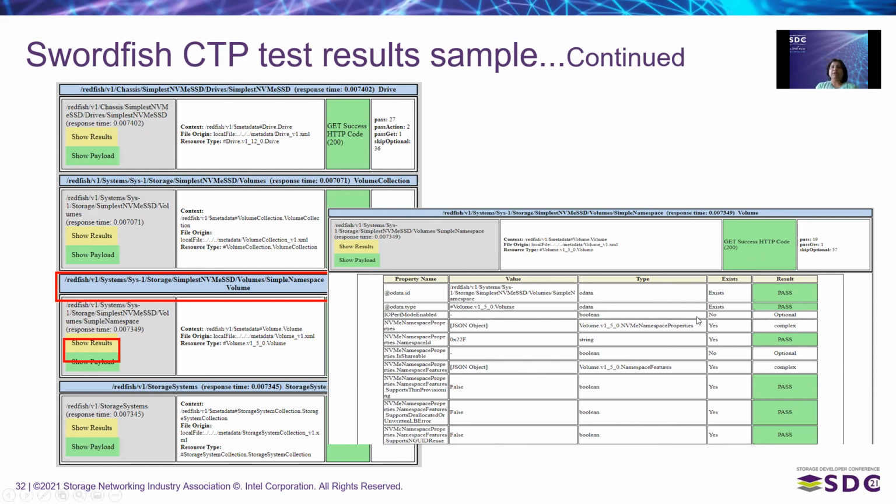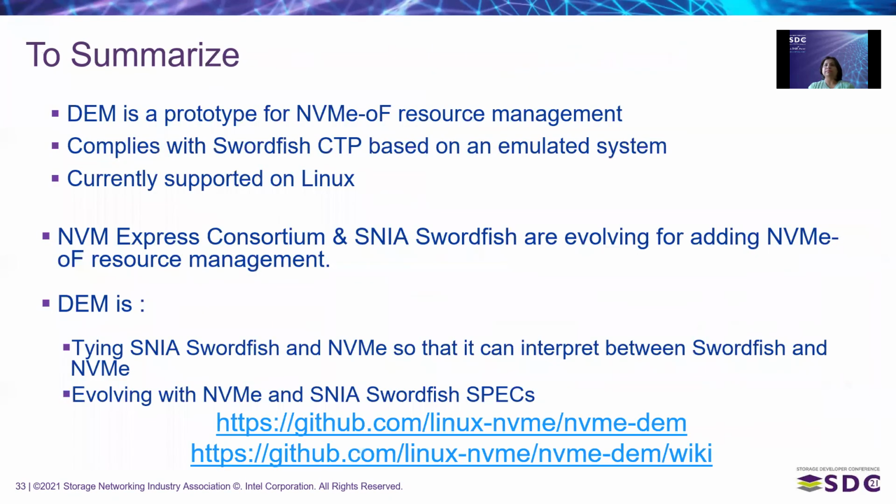All in all, CTP is easy to use, and the test results on the web interface are really helpful to interpret. And it is good when you comply with the Swordfish CTP. That will give you a check mark that your product is now complying with the Swordfish CTP.